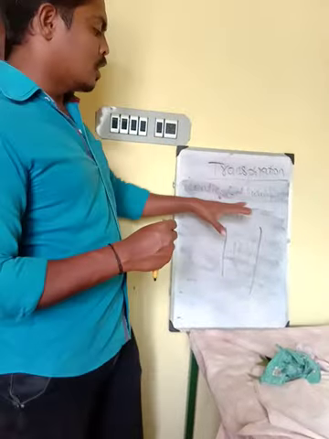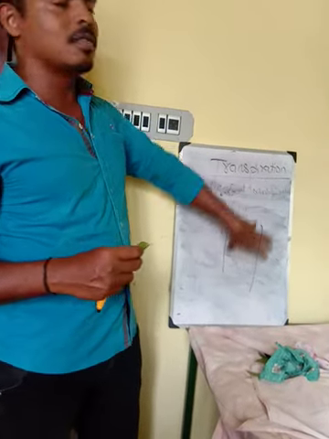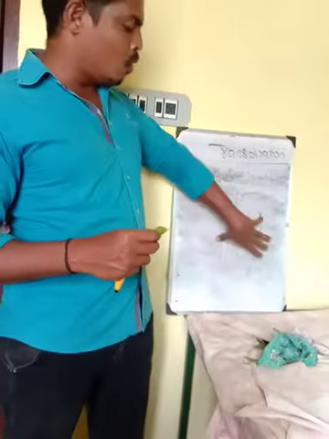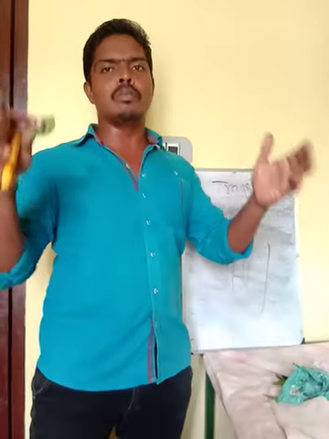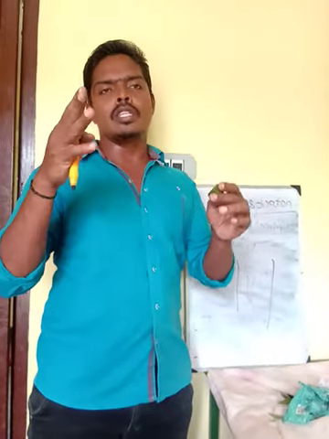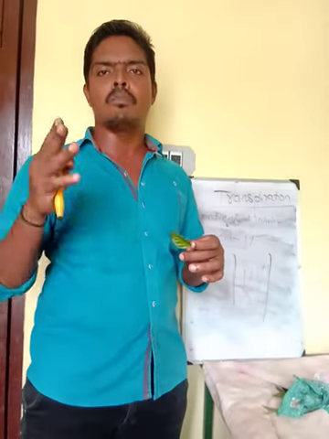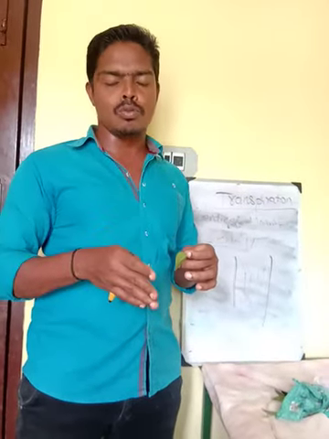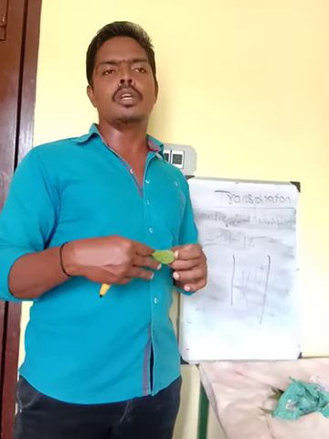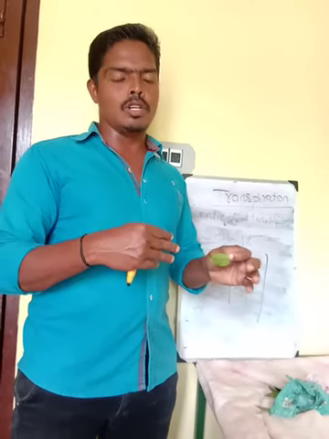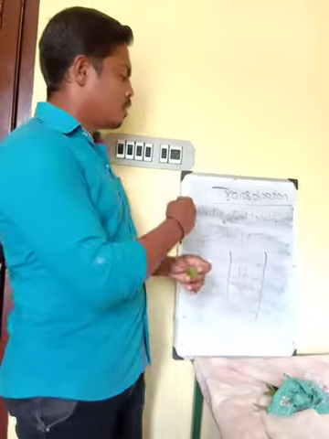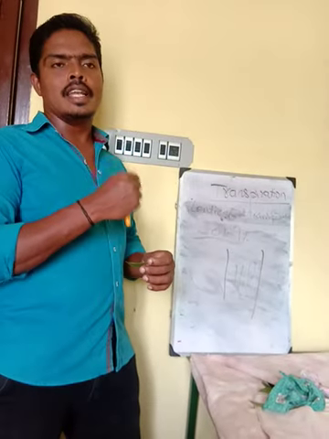So lenticel transpiration happens in old plants. In a very old plant with a big trunk or big stem, you can see small holes, small tearings in the bark. Through those tearings the water goes out, and that type of transpiration is called lenticel transpiration.